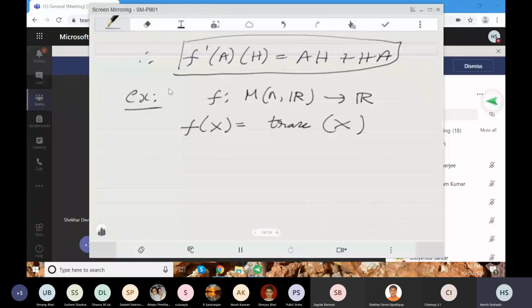So can someone tell me what the derivative of this will be? What is f prime a? This will be a map from M_n(R) to R. So what is this acting on h?